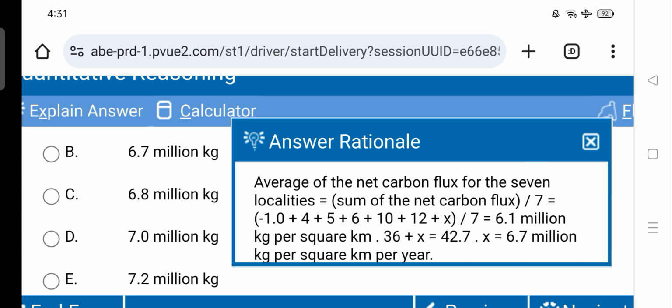So 36 plus x equals 42.7, so x equals 6.7 million kilograms per square kilometer per year.